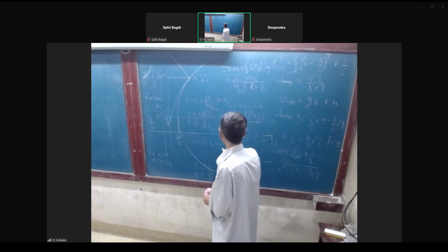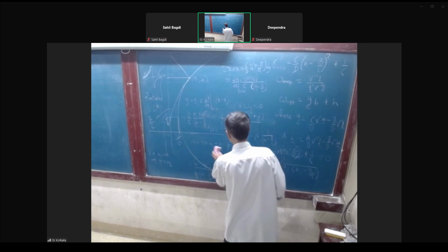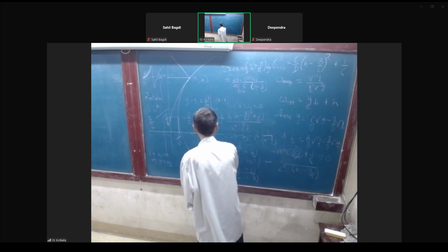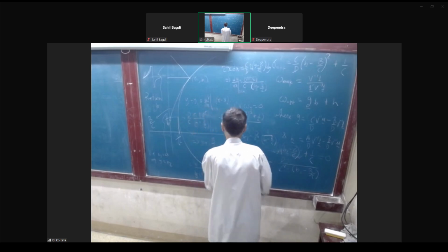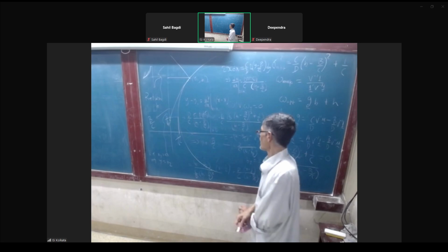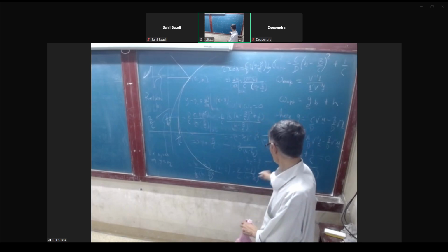So that means v1 minus d by c only gets you d by c. So that's the same P two we have. Same.